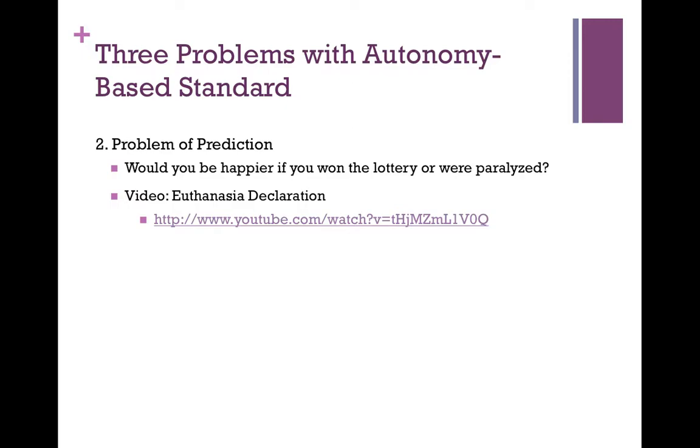When he was sound and healthy and competent before, he thought, I could never live a life like that. But he found that wasn't true at all. And this is also a problem with autonomy-based standards: when people write up their living wills, a lot of times they'll think, while they're young and healthy, I could never live this way. When I was 21 years old, I thought, when I get to be 50, that'll be so old.